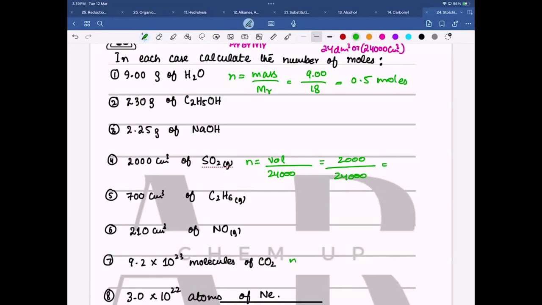And then here mole is equal to particles divided by Avogadro's number. So here the particles are 9.2 exponent 23 and the Avogadro's number is 6.02 exponent 23. So complete all 8 questions and WhatsApp me quickly, so we will proceed further.